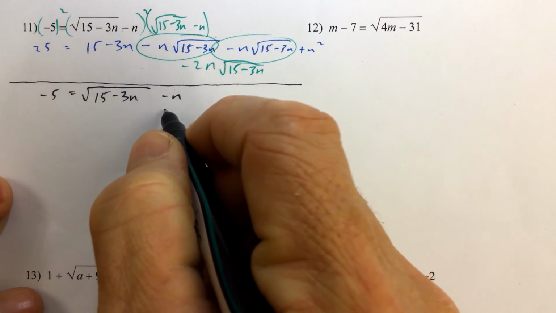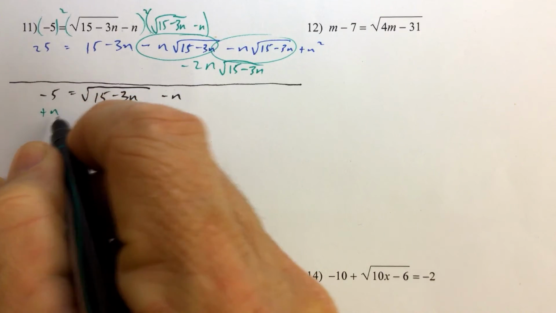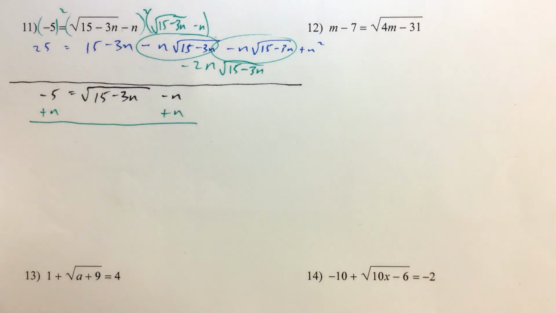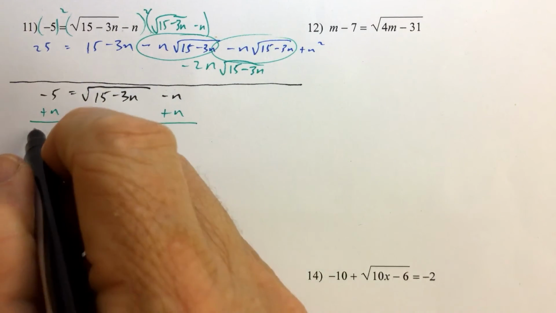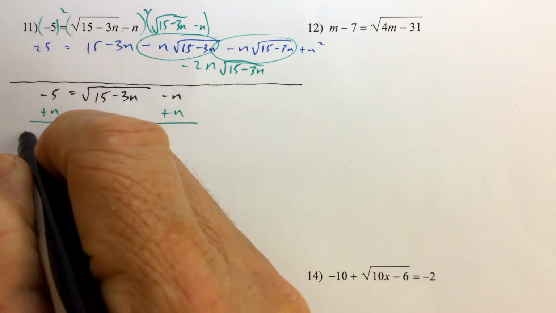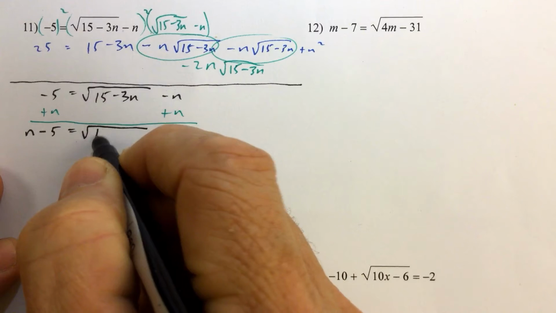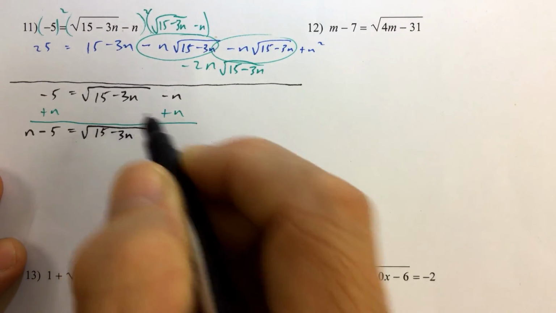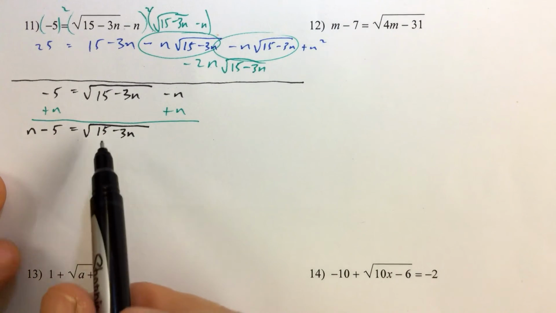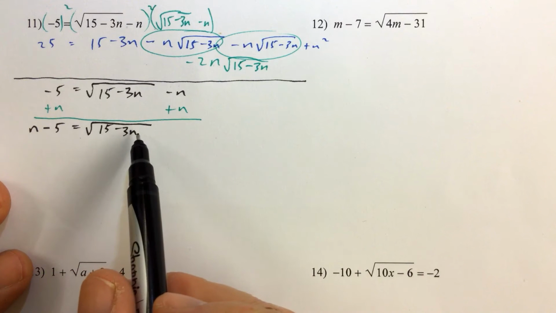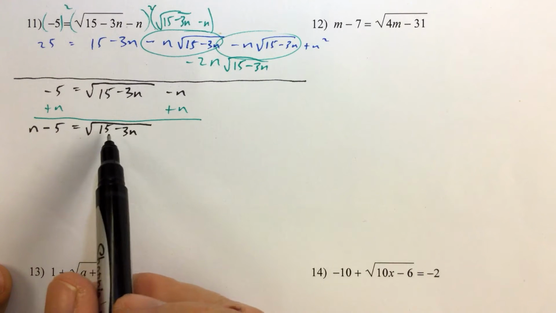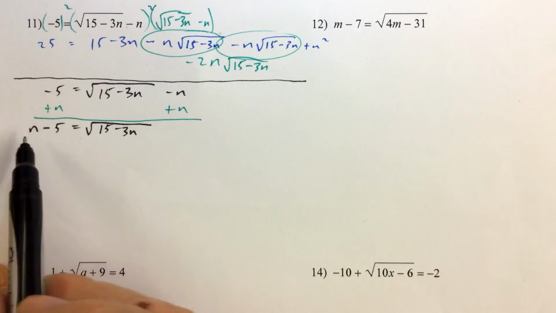Well, there is a different way, and the different way is to see that when you add n to both sides, you end up getting negative 5 plus n, or you can write it as n minus 5 equals the square root of 15 minus 3n. So what we just did here is we isolated the square root symbol on one side of the equation and moved all the other stuff to the other side.